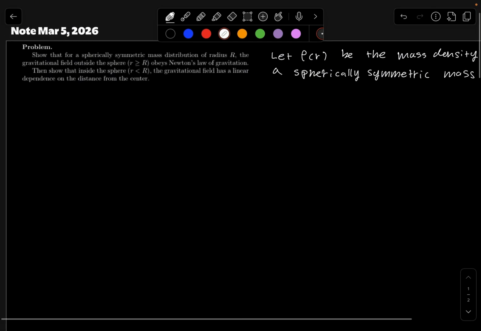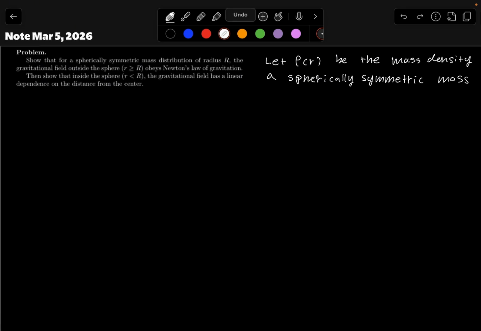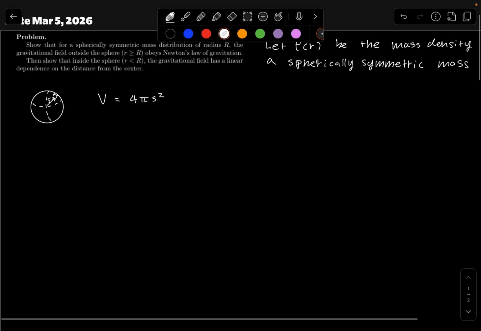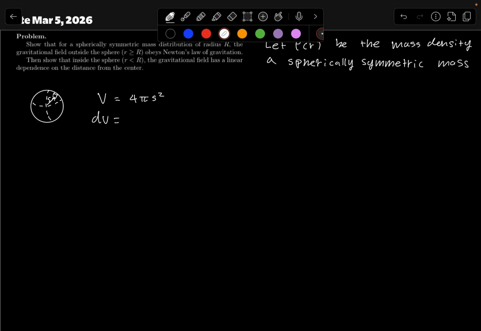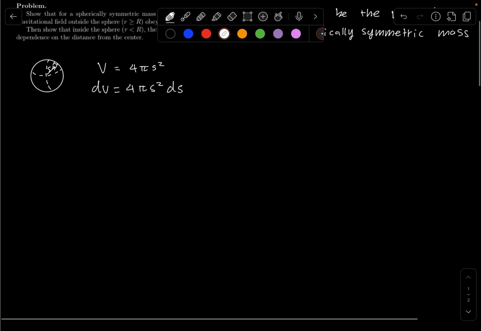And one more thing we know is that the volume of a little piece of a sphere, the shell volume of a sphere, is just going to be the surface area, so 4 pi, and we'll call this radius s, so 4 pi s squared. And then if we want the differential volume, dV is equal to 4 pi s squared ds.